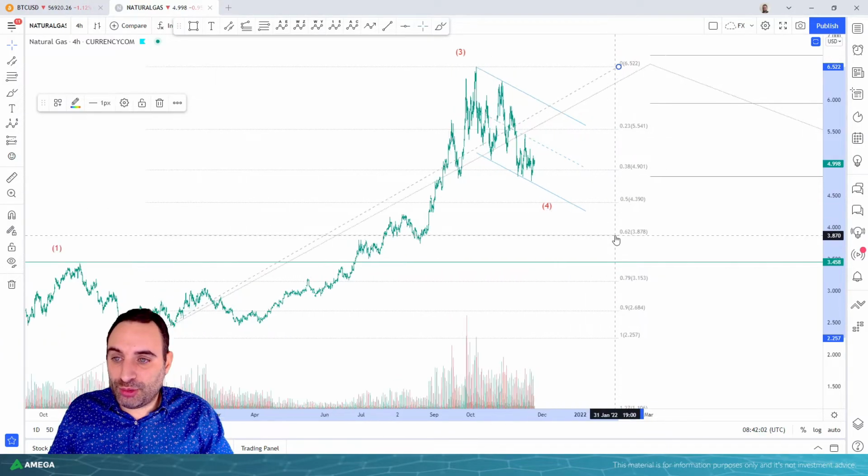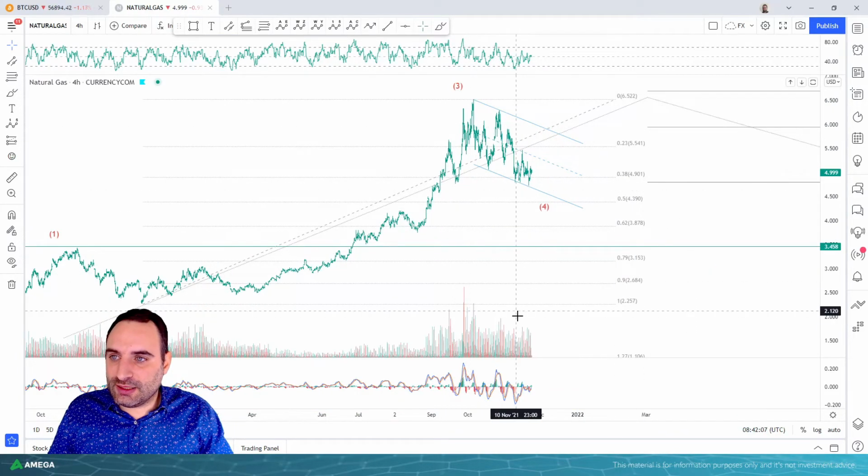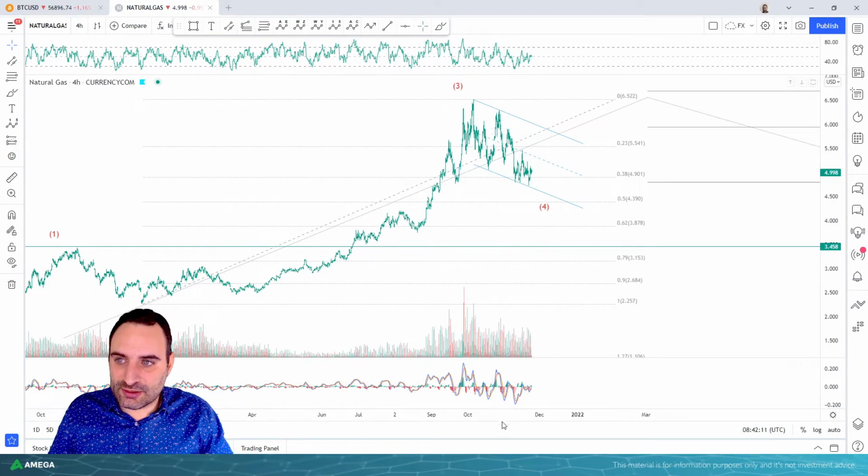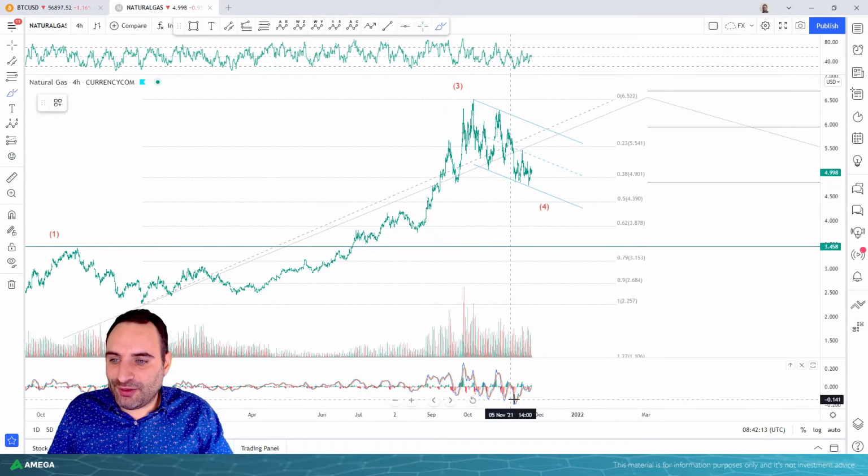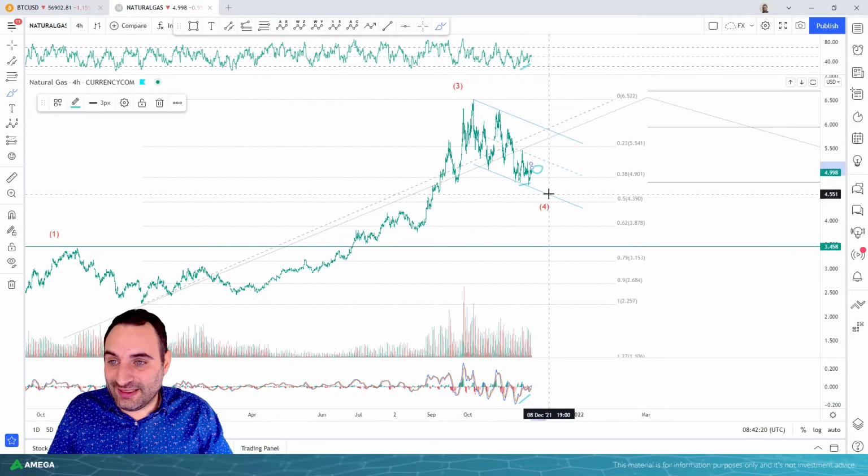So prepare for a potential downside, for more downside, as the MACD and the RSI also don't give us any signals of a potential reversal for now, at least, apart from a very short move here that might even be already priced in.